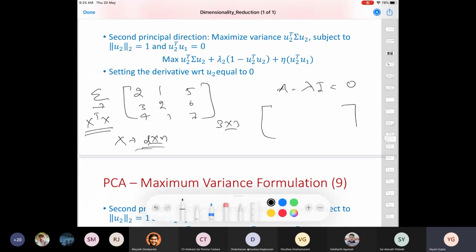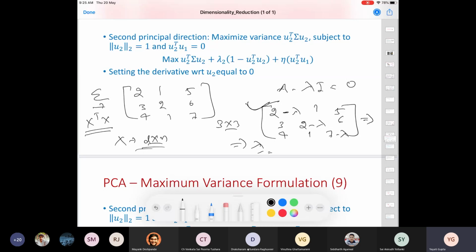So essentially what you're going to do is subtract lambda from the diagonal values, and then solve for lambda. You compute the determinant of this matrix A minus lambda equals 0.